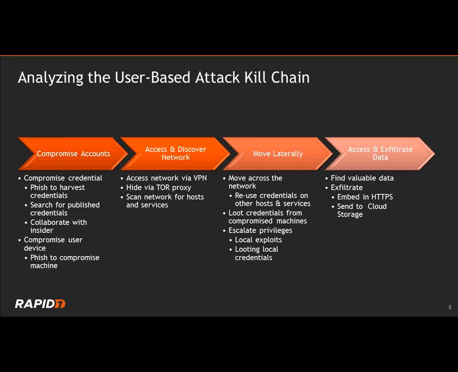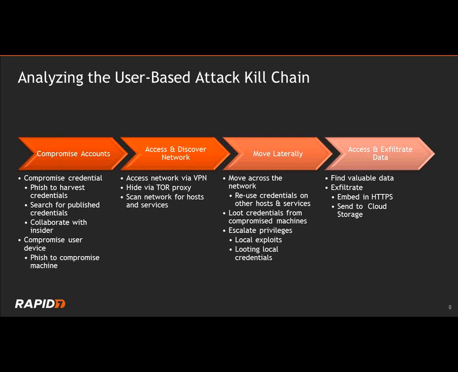In the next step, accessing and discovering the network, users will then, for example, try to VPN into a network to get local network access. They will often hide behind a Tor proxy to hide their tracks.